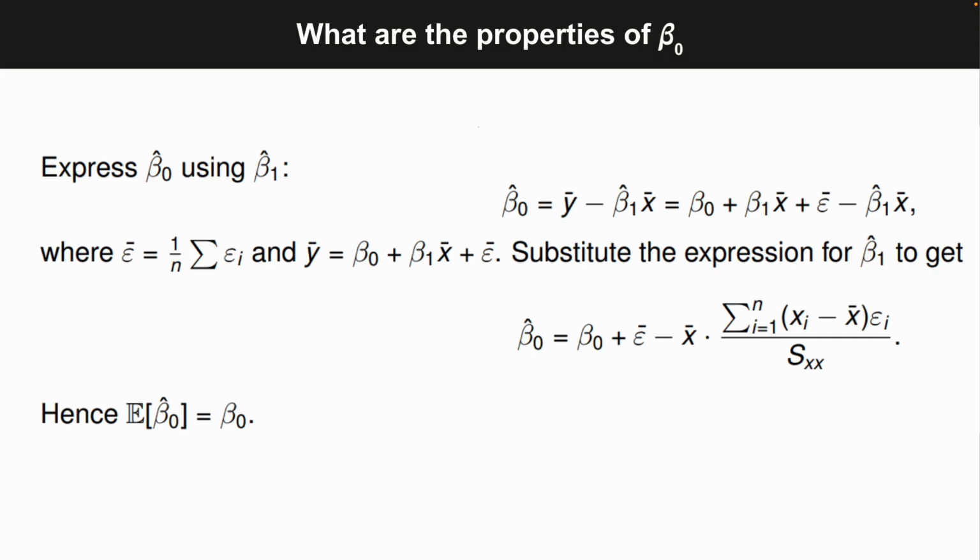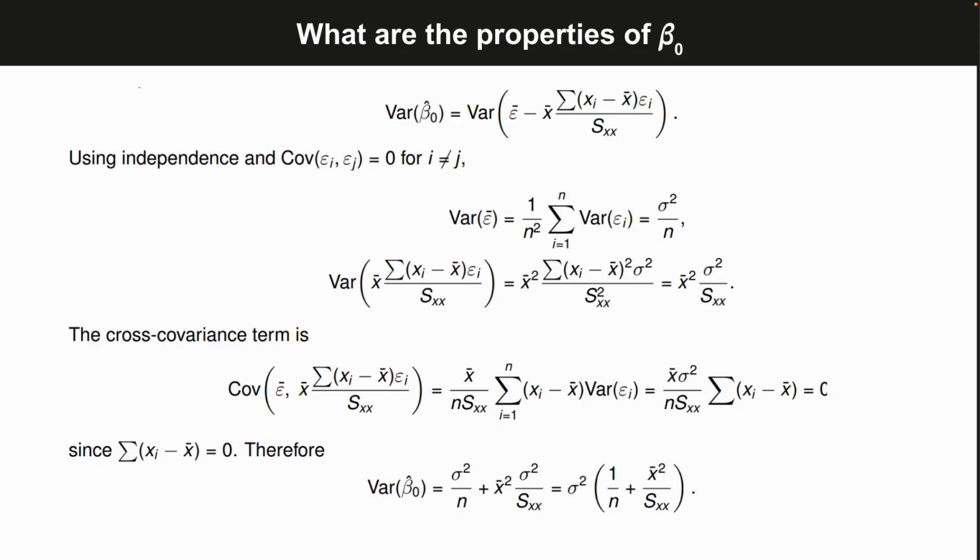The expectation of beta naught is equivalent to its true population value. Again, the calculations are on the board. I'll not ask you ever in this exam, but this is for your understanding of where that stochasticity in measurement is coming from. So what we have seen so far are expectation of beta 0, expectation of beta 1, variance of beta 1, and variance of beta 0.